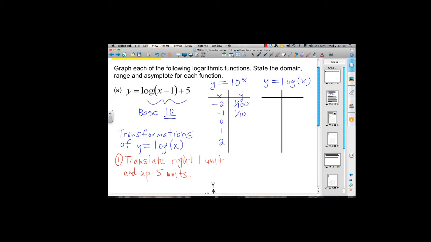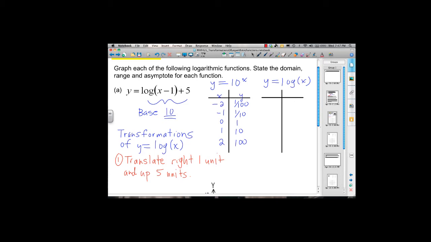If x was 0, 10 to the power of 0 is 1. 10 to the power of 1 would be 10. 10 squared would be 100. Beyond that, we're going to have a very difficult time plotting points that big unless we have a very flexible scale. So we would be advised to just leave it as is.